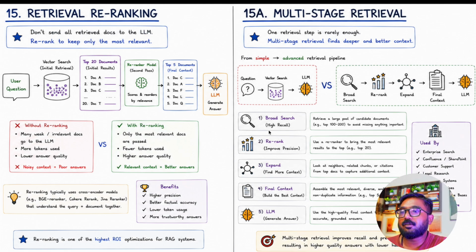First is a broad search: retrieve a large pool of candidate documents to avoid missing anything important, and then do the re-ranking. Build a re-ranker agent that gets the top 20 that we need, let's say for a best employee finding AI agent. Then expand: look at the neighbors, related chunks or citations from top docs, capture additional context, and then the final context is returned to the LLM.